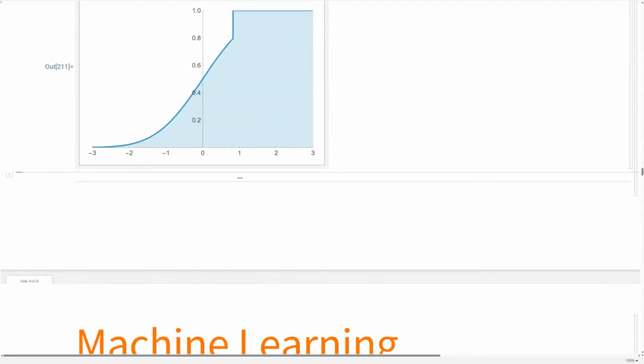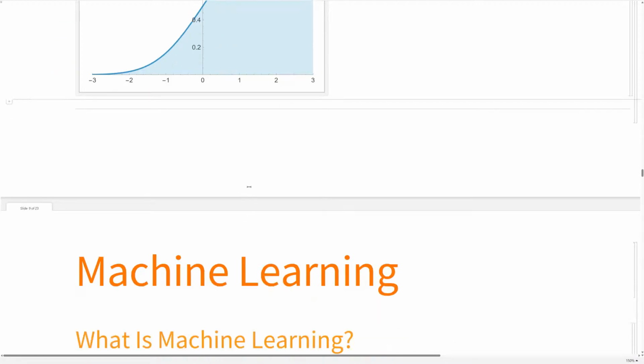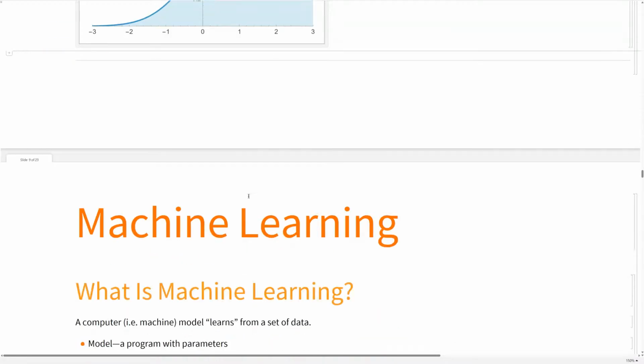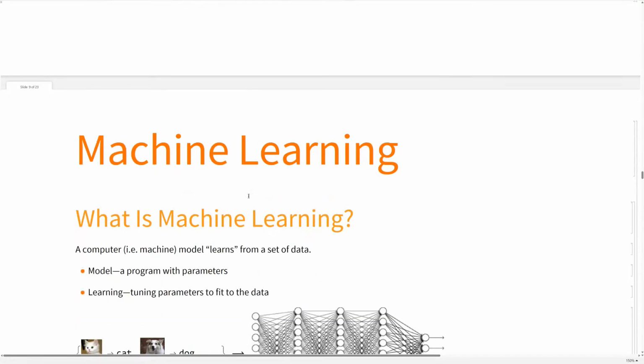All right, I hope that gives you a basic idea of how statistics and distributions are handled in Wolfram Language. And now we're looking at machine learning. So when do we use machine learning, and when do we use statistics?